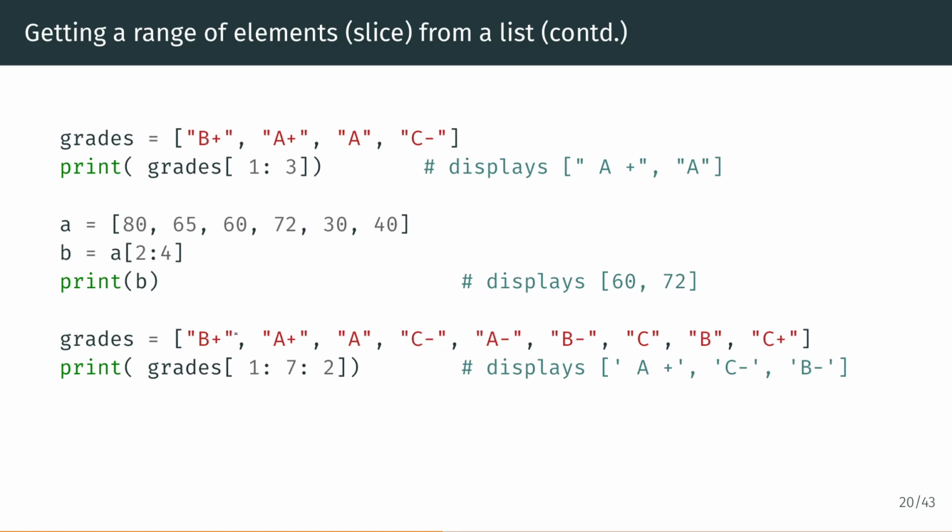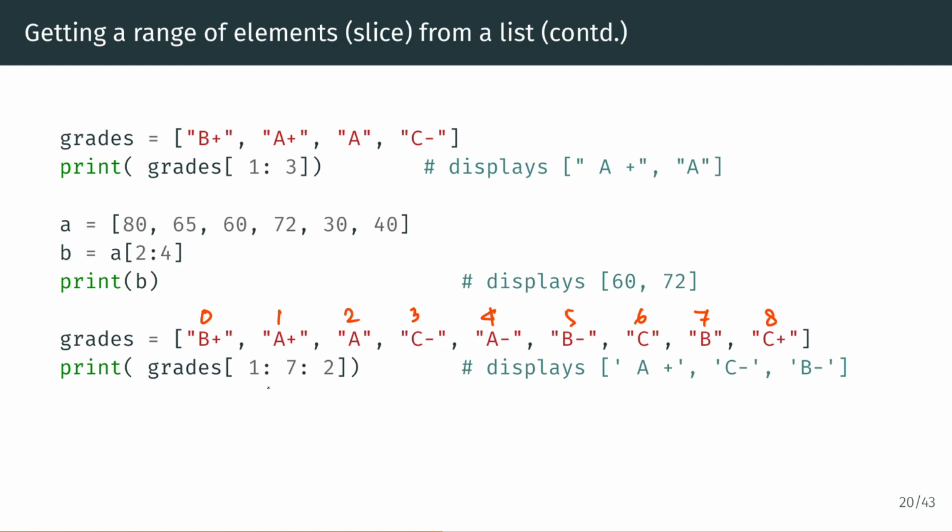Now in the third example, we have again a list of grades. The indices are 0, 1, 2, 3, 4, 5, 6, 7 and 8. So the length of grades is equal to 9. Okay, so when we do print grades 1:7:2, here obviously we have used both the two colons, right?